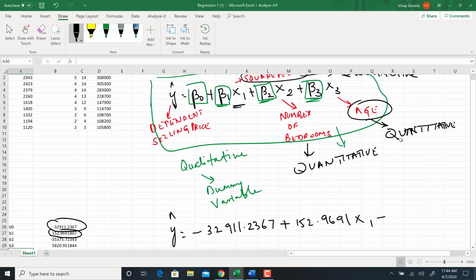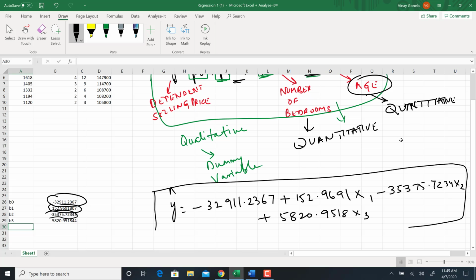Minus, beta 2 is negative 35375.7234 x2, and finally plus 5820.9518 x3. So this will be our equation for the regression.